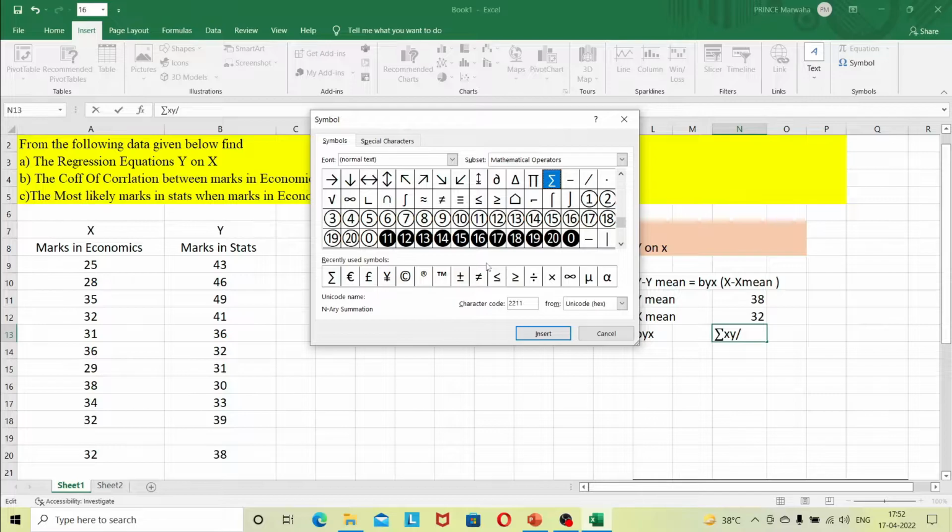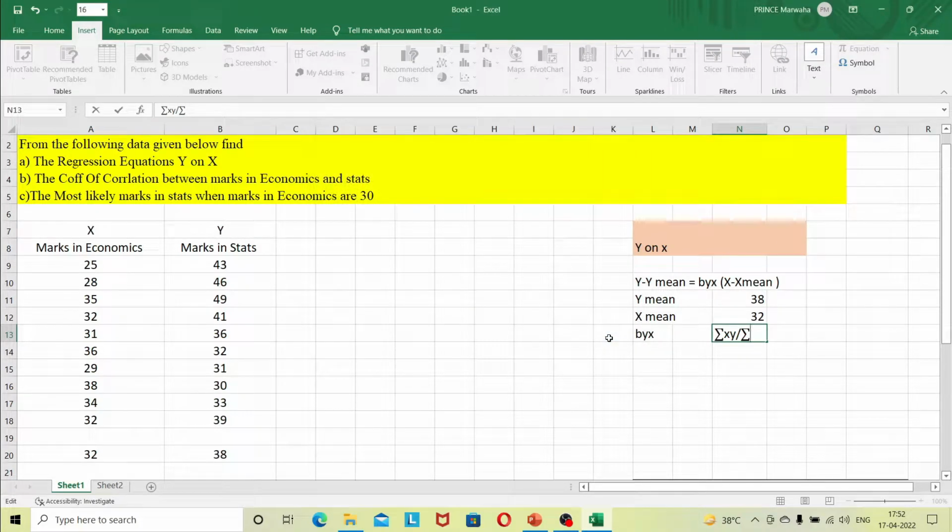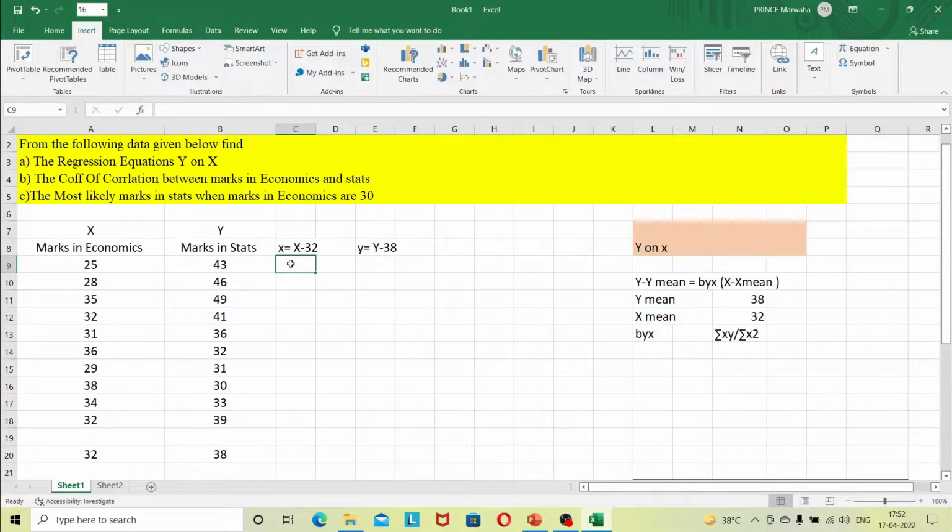Now for summation xy, we need to calculate small x, which is capital X minus the mean. What is the x mean? X mean is 32, right? In the same way we calculate small y, which is y minus the mean. Y mean is 38. Okay, so let's use the formula.